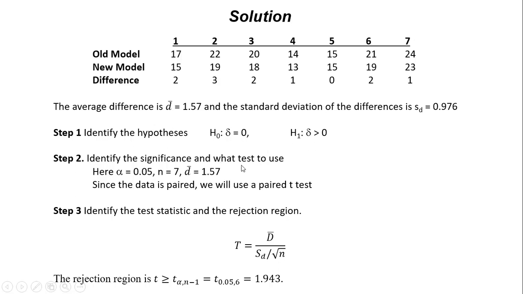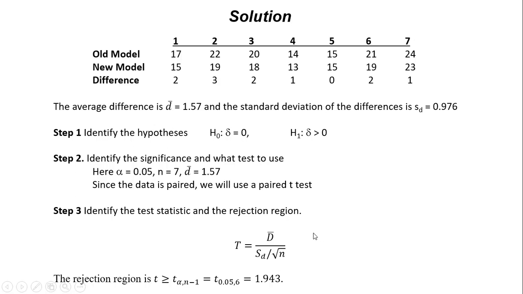Step 2, we're given alpha is 0.05. We know n is 7. So here we count the number of pairs. There's 7 pairs. And d bar is 1.57. The data is paired, so we'll use a paired t-test. The test statistic looks like this. T is equal to d bar divided by our standard deviation over the square root of n.